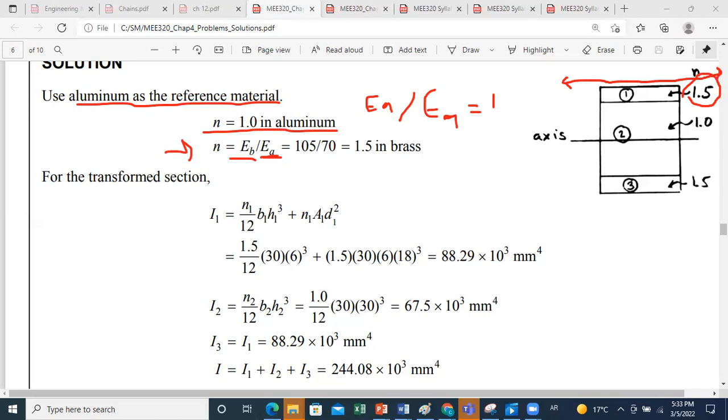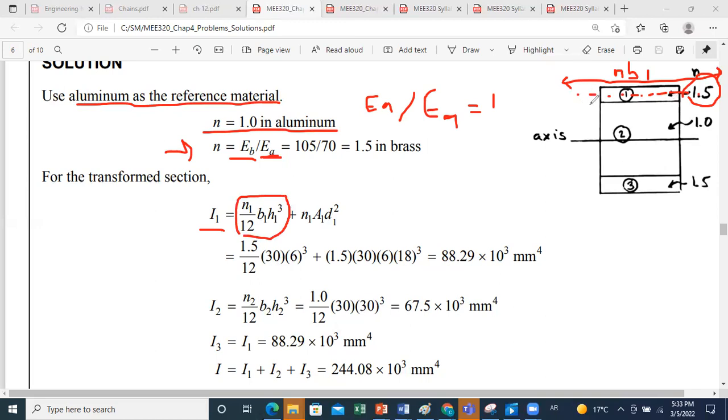So as we said, for the inertia of part 1, instead of saying it's B1 H1 cubed over 12, we just say that B1 should be multiplied by n. So the inertia of this part, first about an axis passing by its centroid, is n1 B1 times H1 cubed over 12. Okay, this will give us the inertia about the axis passing by the centroid of this section.